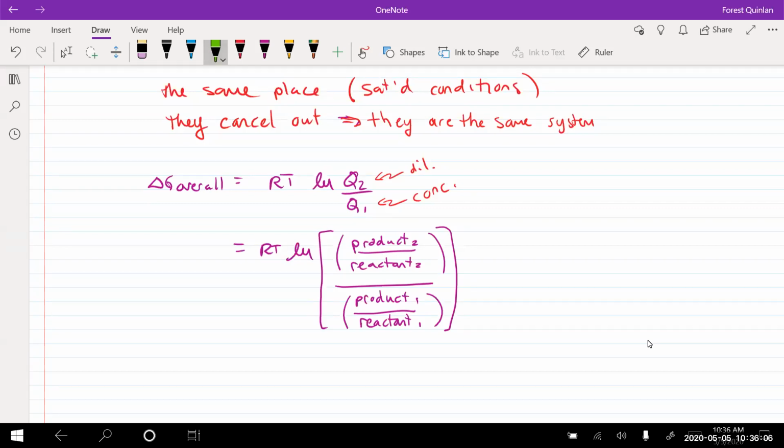So reactant 1 and reactant 2 are both saturated solution.